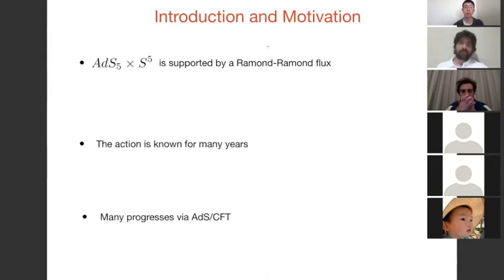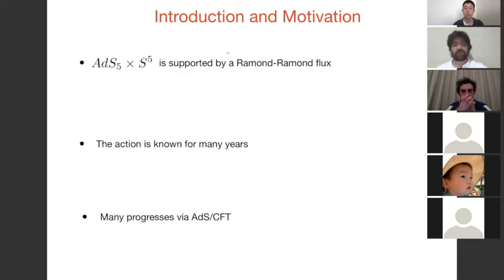So, introduction and motivation, just background. AdS5×S5 is supported by a Ramond-Ramond flux. To study it, you can use the pure spinor formalism or the Green-Schwarz formalism. There are some programs to understand Ramond-Ramond backgrounds with the Ramond-Neveu-Schwarz formalism, and also ambitwistor strings in AdS.